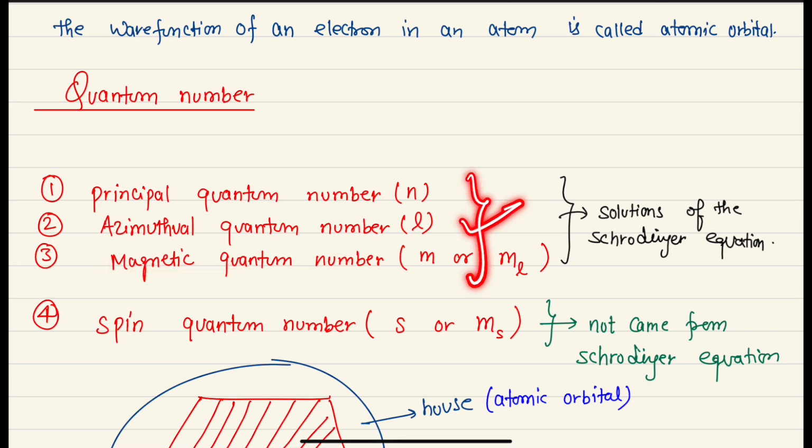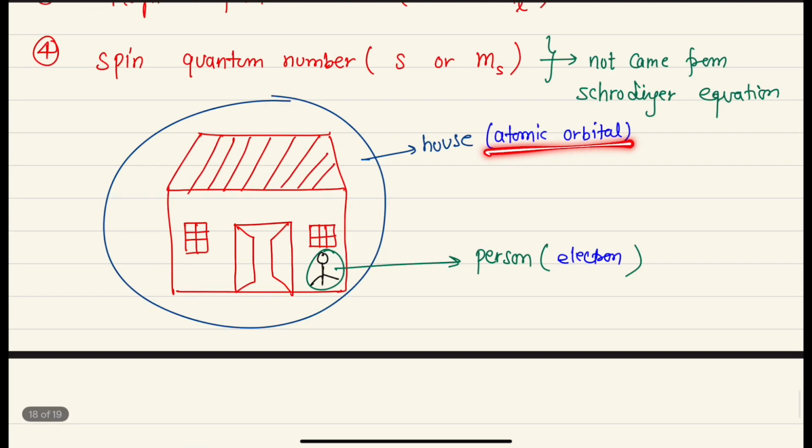These three quantum numbers are used to locate the house, that is, the atomic orbital. House means what? Atomic orbital.